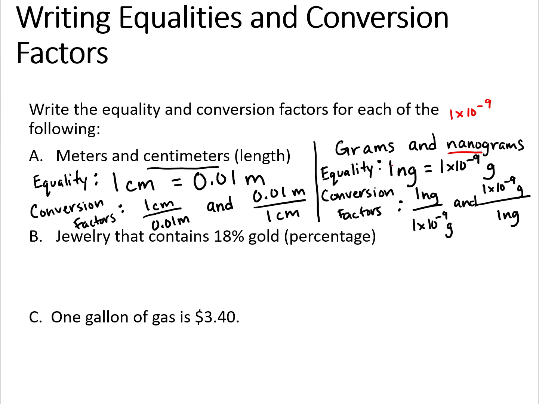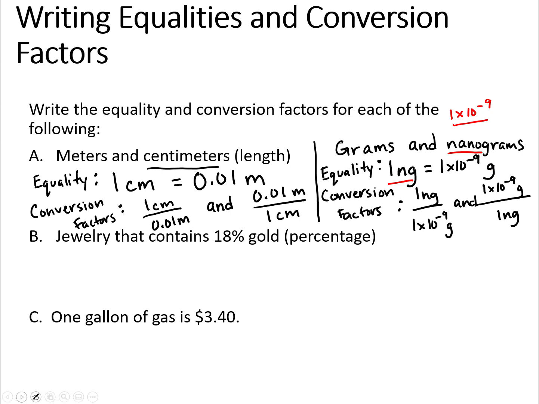So if I have 1 nanogram, like I wrote here, I need to figure out how many grams that is. Well, I just write equals the number that nano represents, which is 1 times 10 to the negative 9, followed by the basic unit, grams. Hopefully that explanation helps a little bit more. Does that help?